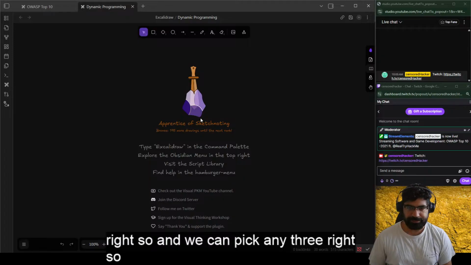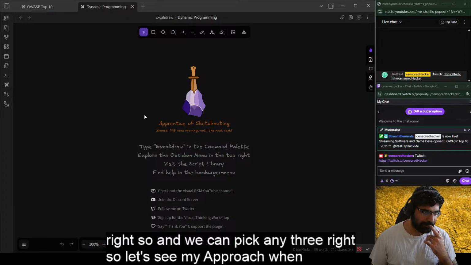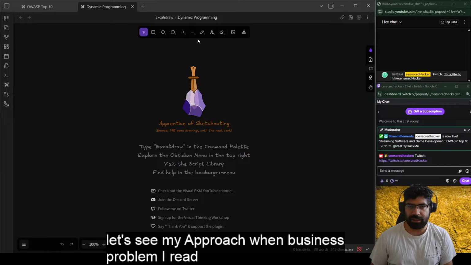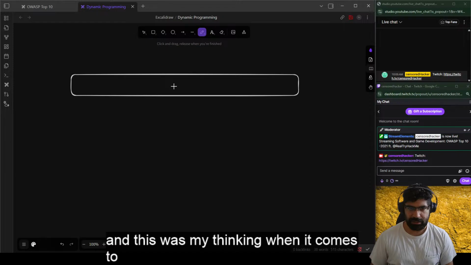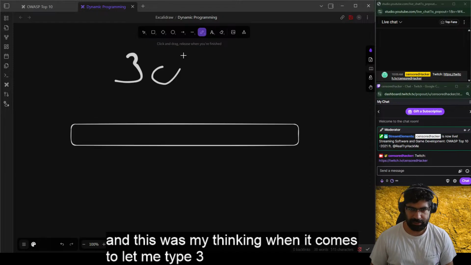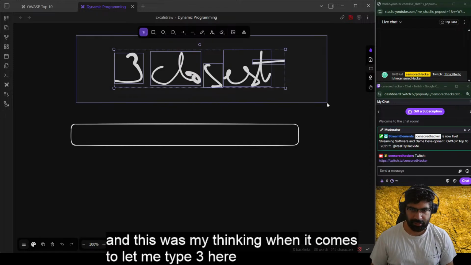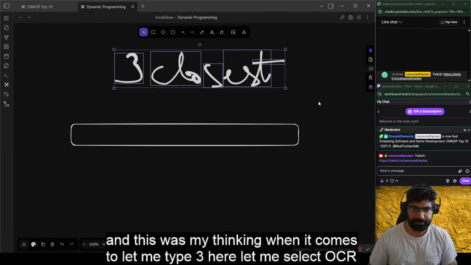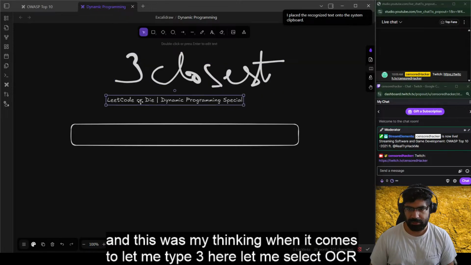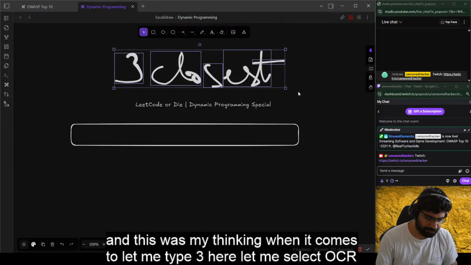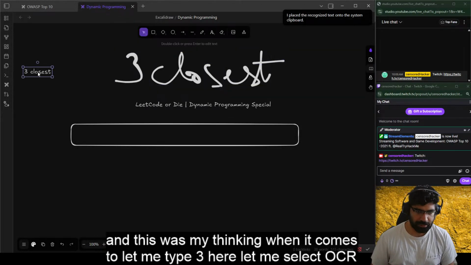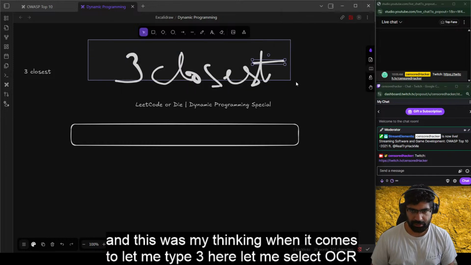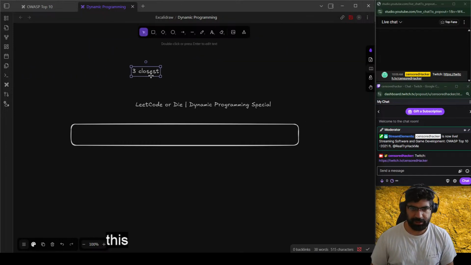So let's see my approach. This is what I was thinking when I read the problem before starting. Let me select OCR. This way is much better.